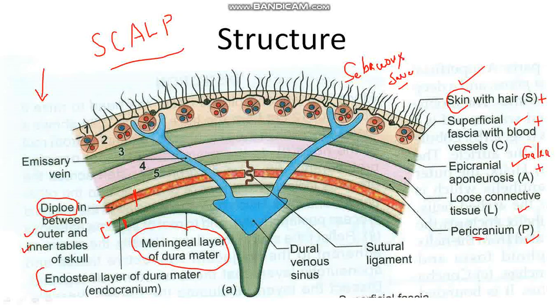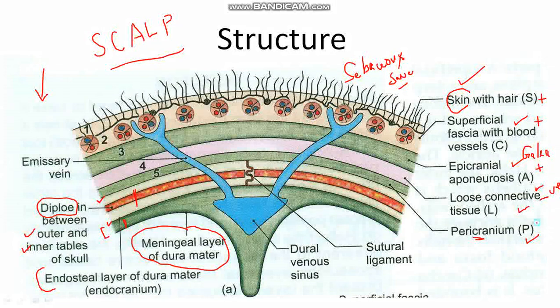Below the epicranial aponeurosis is loose connective tissue. Here we put a negative sign because this is loosely adherent to the pericranium.